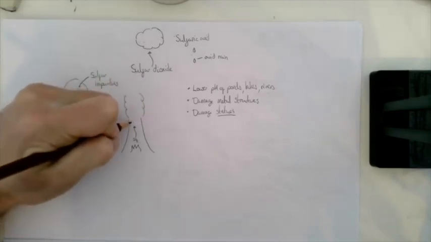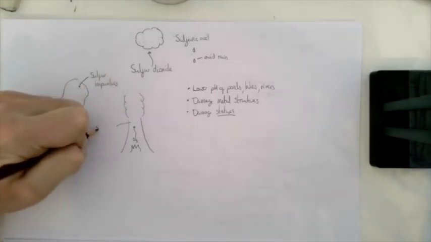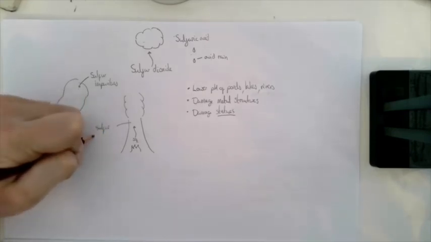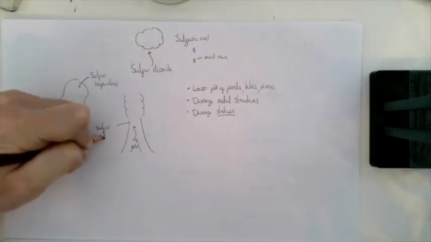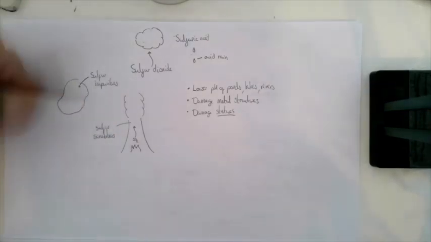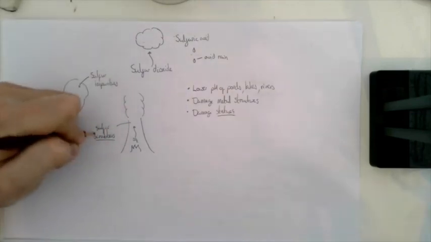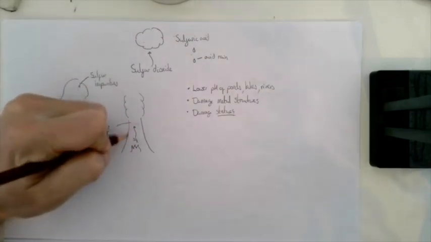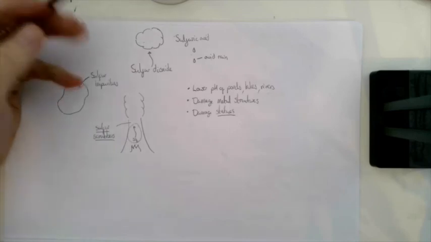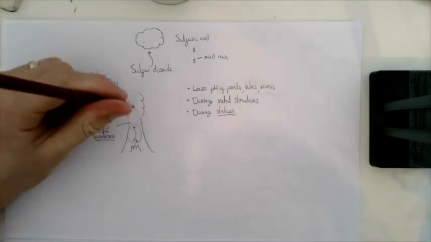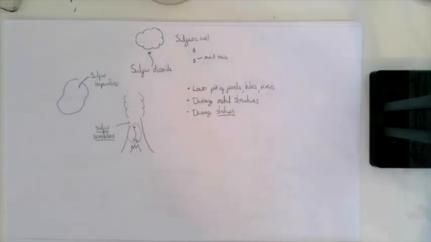They've introduced something called sulfur scrubbers into their chimneys. And what the sulfur scrubbers do, it sounds fancy, but all they do is remove the sulfur dioxide and stop it being released into the atmosphere. So that's one step companies have taken in order to stop the effects of acid rain.